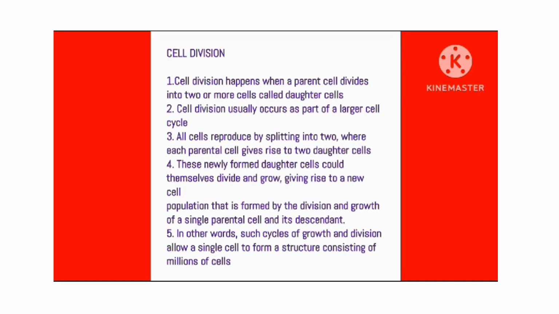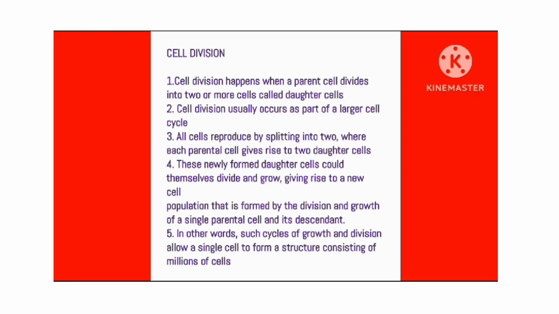Cell division happens when a parent cell divides into two or more cells called daughter cells. Cell division usually occurs as a part of the larger cell cycle. All cells reproduce by splitting into two, where each parental cell gives rise to two daughter cells.